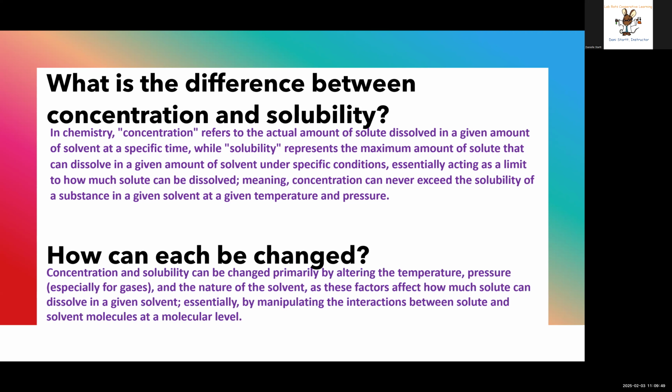How can each be changed? Concentration and solubility can be changed primarily by altering the temperature and pressure, especially for gases, and the nature of the solvent, as these factors affect how much solute can dissolve in a given amount of solvent. Essentially, by manipulating the interactions between the solute and the solvent molecules at a molecular level. So, if you want to make something more dilute, you can add more solvent.